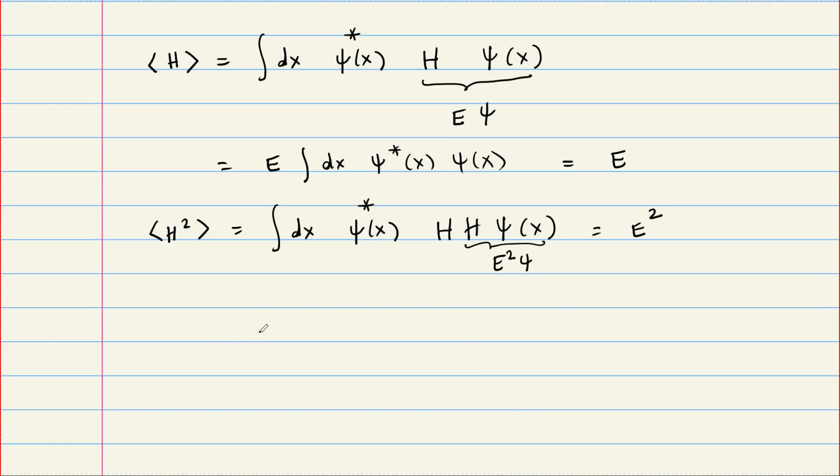Now I can calculate the variance. Sigma of H squared is by definition the expectation of H squared minus the expectation of H, squared, and this is E squared minus E squared, and this is 0. So this is zero variance.